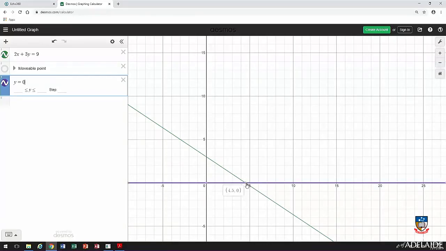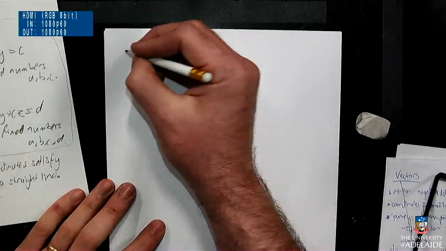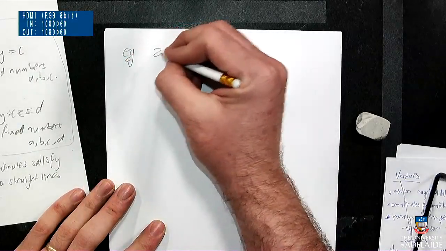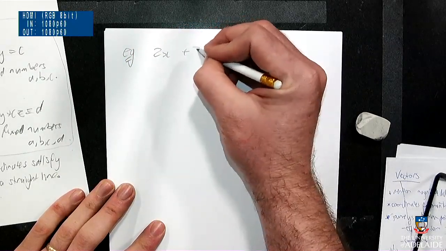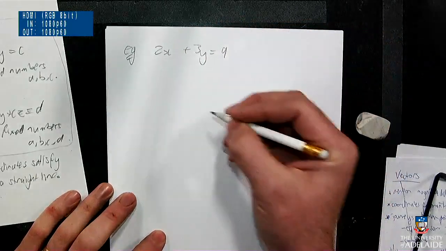And so I know that if I want to know where it meets the x-axis, I should make the y 0 and figure out what the x is that goes with that. So I'm just going to do a quick example on my piece of paper of drawing one of these lines. So, e.g. 2x plus 3y equals 9.